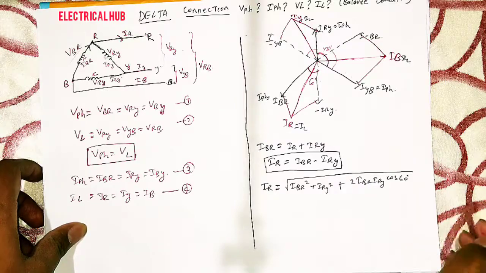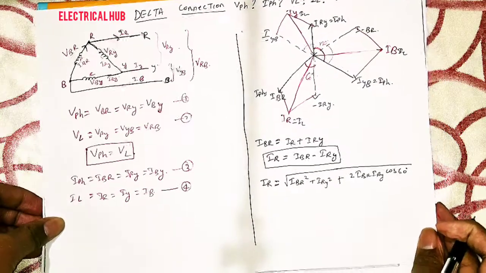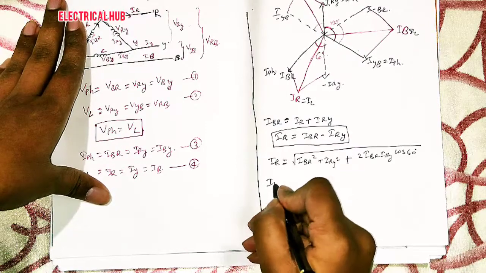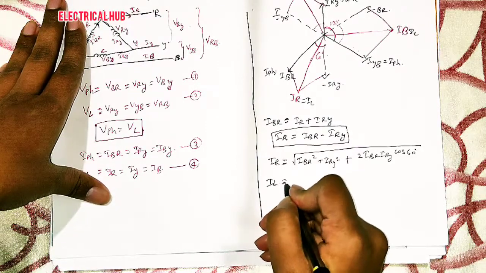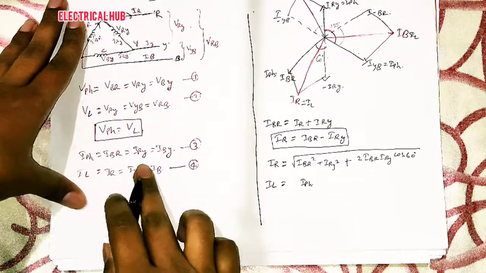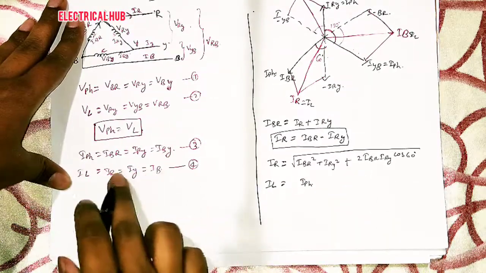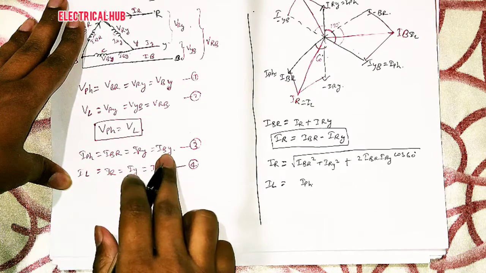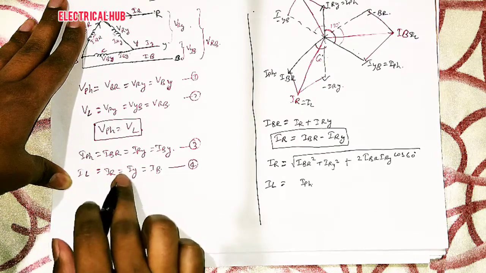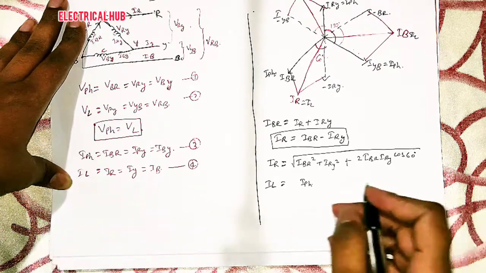Alright, so now let's simplify it. This IR can be written as IL, and this IBR can be written as IPH, as I have written in equation 3 and equation 4, that IBR, IRY and IYB are equal to IPH, and IR, IY, IB are equal to line current IL.